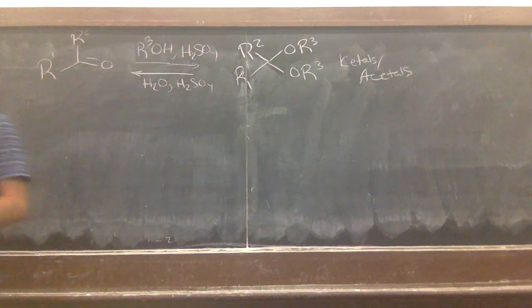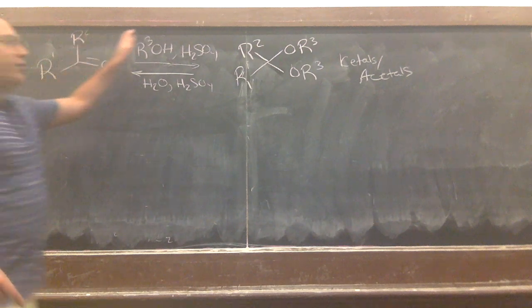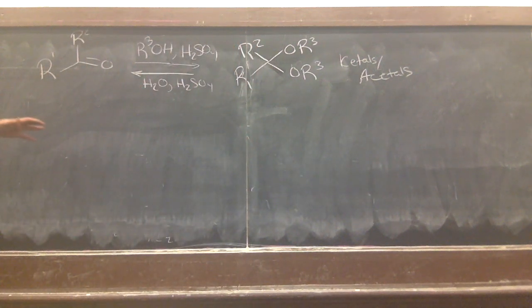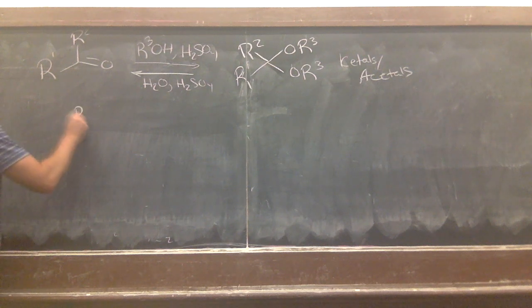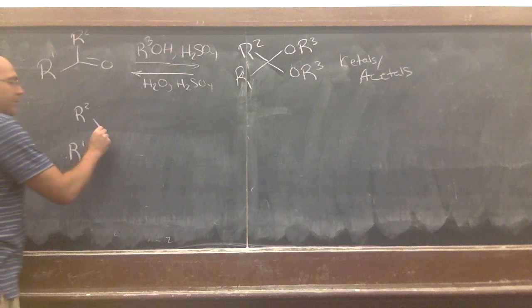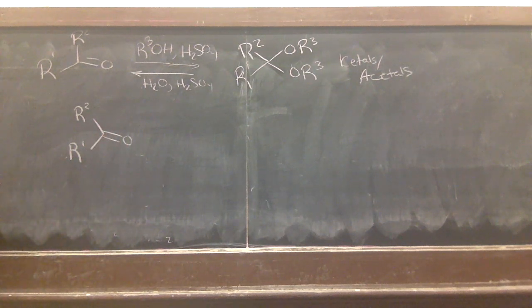And so this is the idea that you can go in a single direction through losing water, as we discussed last class, and periodically throughout the semester you can go in reverse by adding water. Again, I'm not going to have time to go over this, but this is a reaction that you're responsible for, and in previous videos and your book, you can also see this as well.